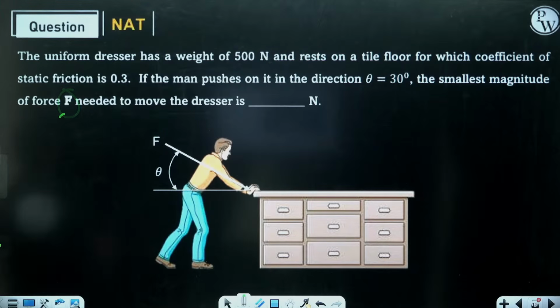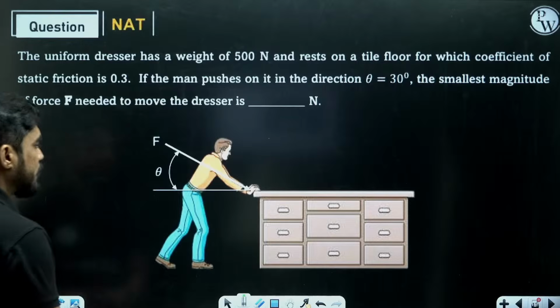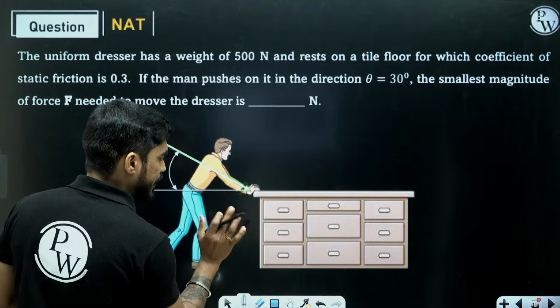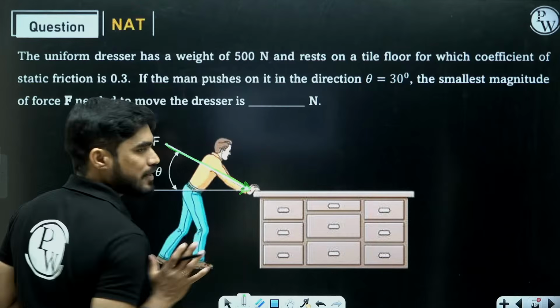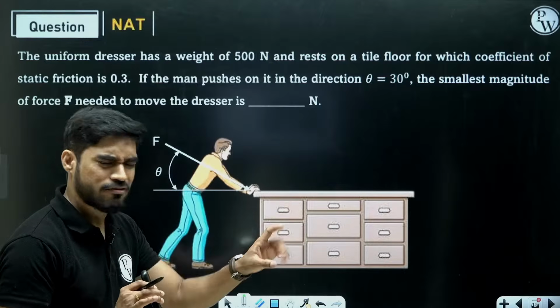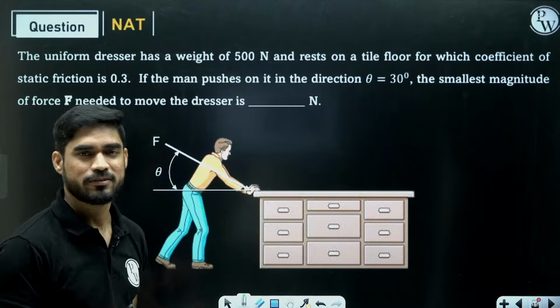So here beta they have given us a condition. What is the condition? Understand. They are saying we need to apply a force F just needed to move this dresser. We need to only apply that much force which will just move this dresser. That's it. Just move.